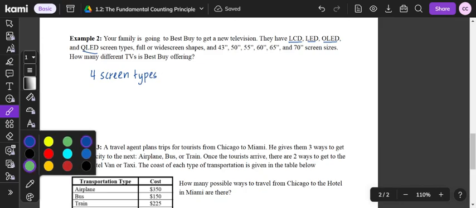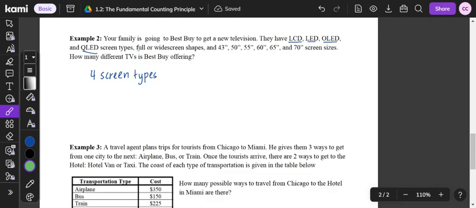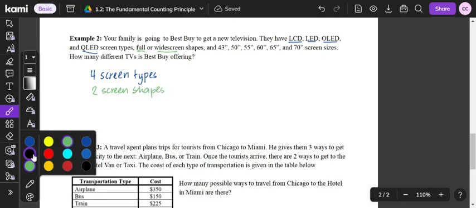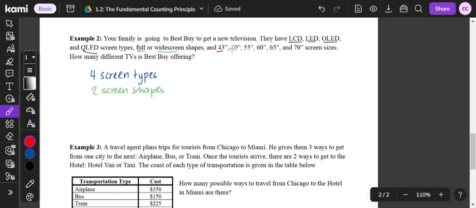Okay, cool. All right, it looks like we have 1, 2 different screen shapes. Okay, and we have 1, 2, 3, 4, 5, 6 different screen sizes.